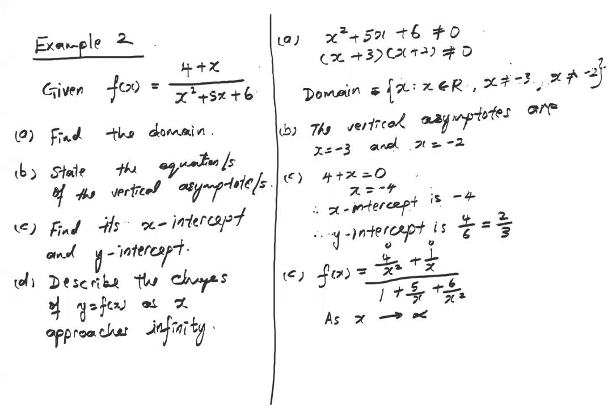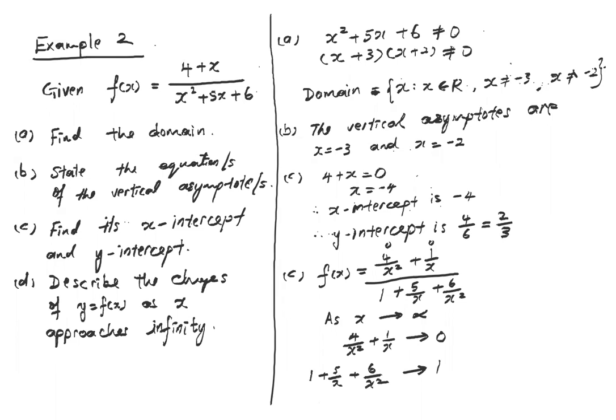So my 4/x squared plus 1/x will approach 0, correct? And my 1 plus 5/x plus 6/x squared will approach 1.